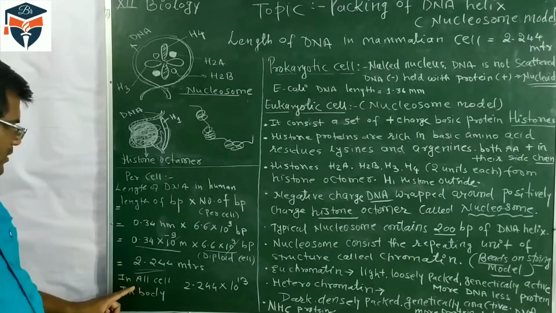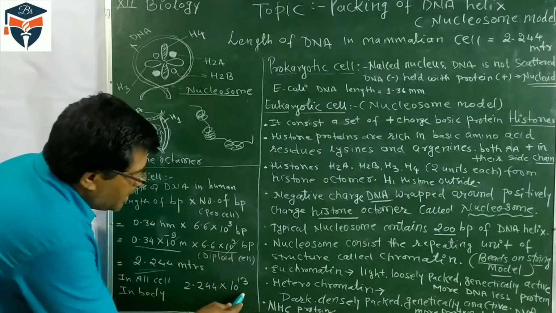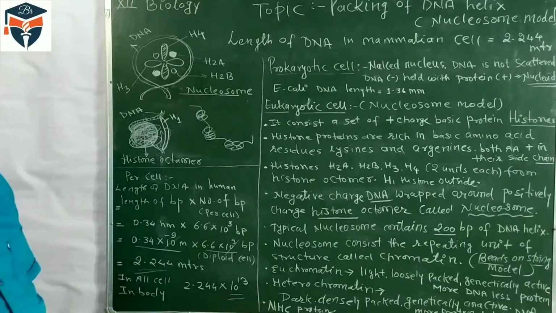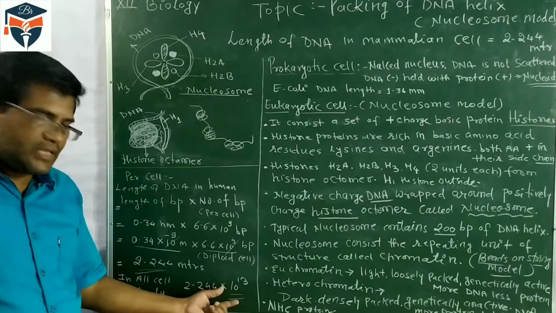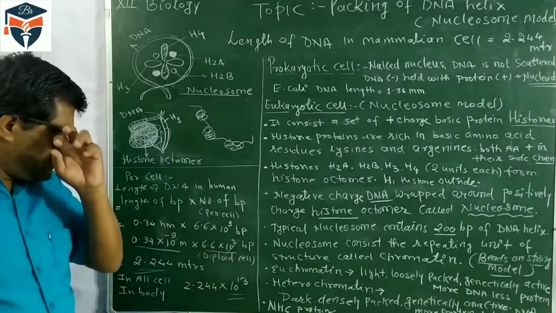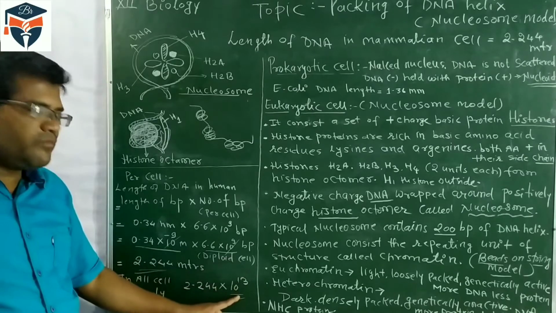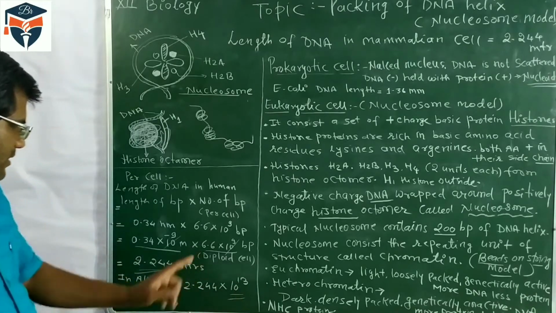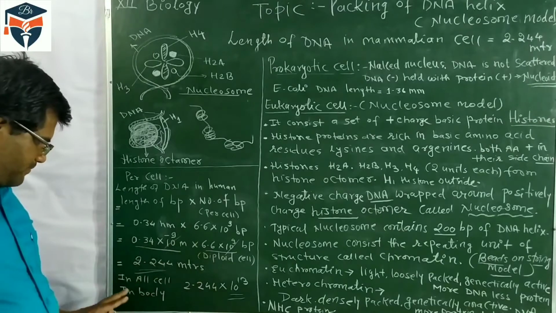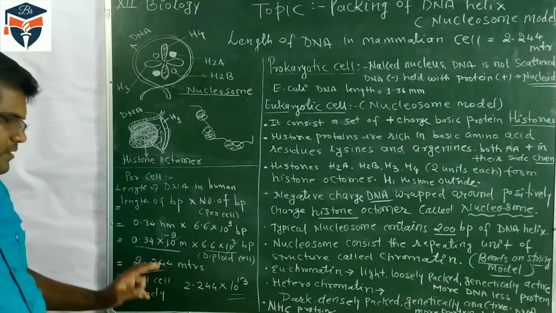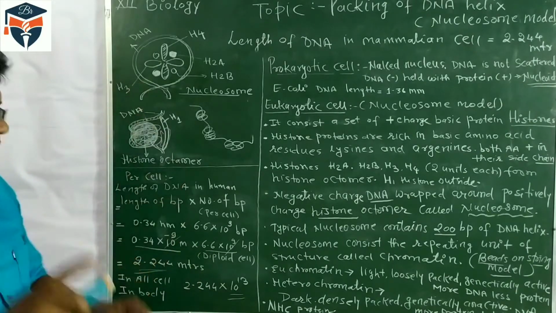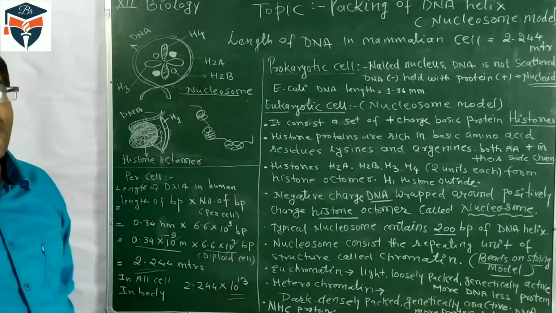In humans, about 10 to the power 13 cells are present. So each cell's DNA is 2.244 meter. When we calculate with the number of cells, we will get the total length of the DNA in all the cells of our body.